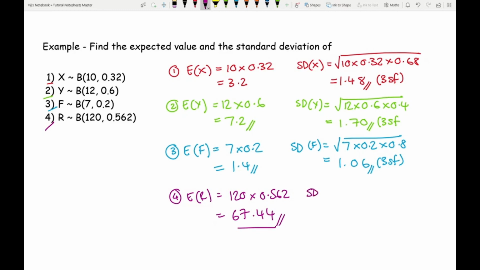And here I've got the SD of R, which is going to be the square root of 120 times 0.562 times 0.438, and just straight into the calculator again. I get a final answer of 5.43, and again to 3 SF, and there is your final answer.